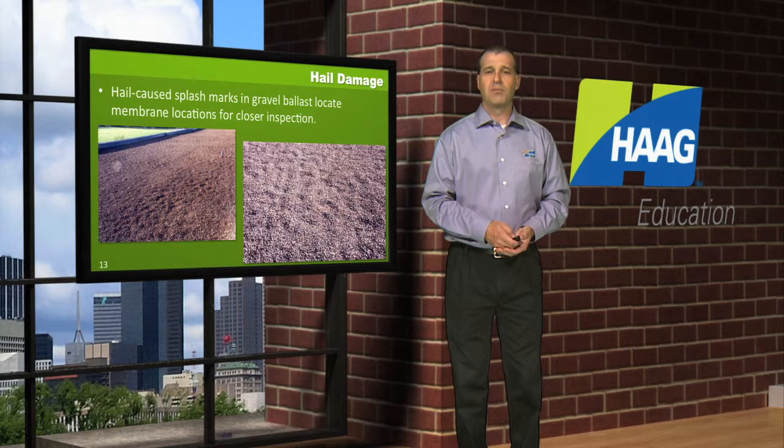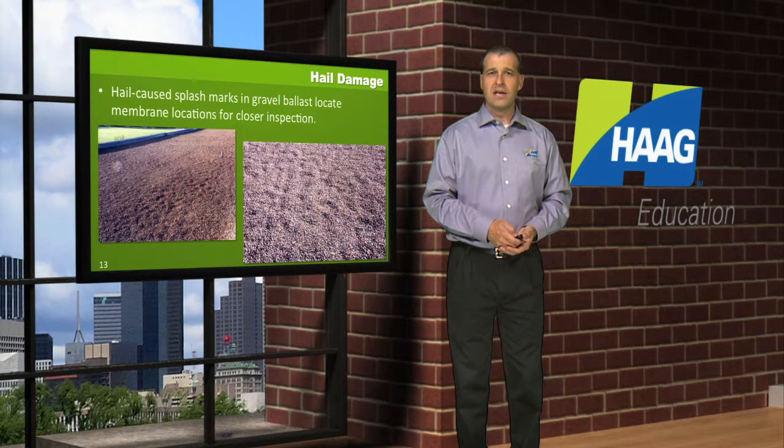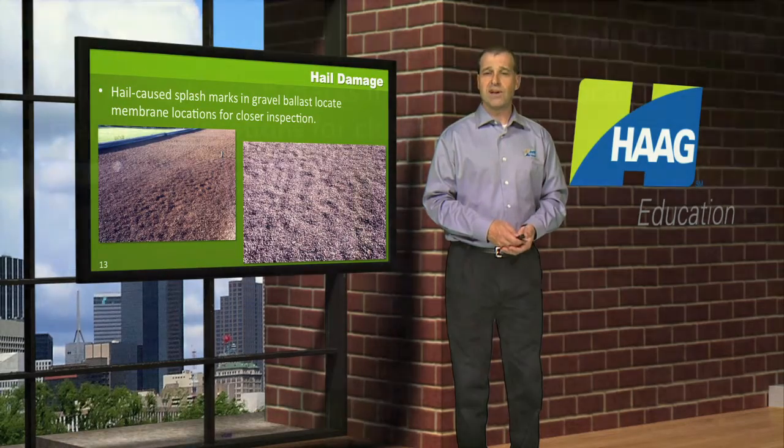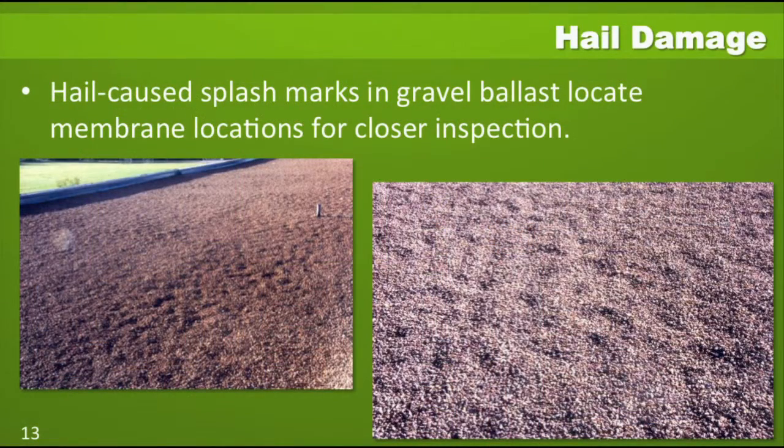When you have gravel ballast on a roof, it doesn't mean that you can't determine that there's damage, but you do have to know what to look for and how to do that inspection. The photographs on this slide show a roof with a pretty high quantity of loose gravel ballast, and it was hit with large hail. All those dipped areas on the roof surface are where large hail has come in and cratered out the loose gravel ballast.